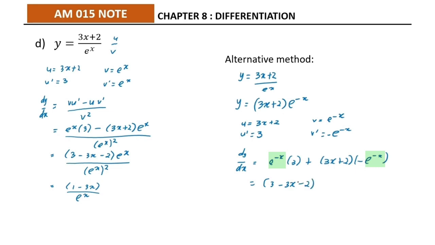Negative 1 times 3x is negative 3x, and negative 1 times 2 is negative 2. Then e power of negative x. Simplify, 3 minus 2 is 1, minus 3x, over e power of x. So whichever method we use doesn't matter. We still get the same answer.